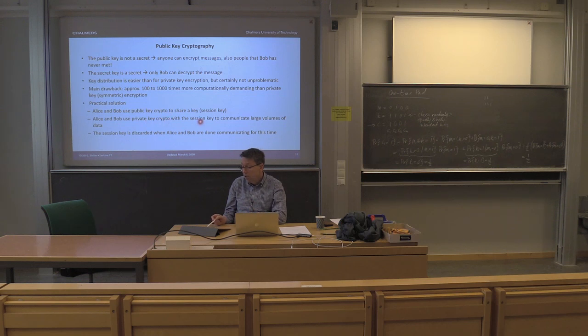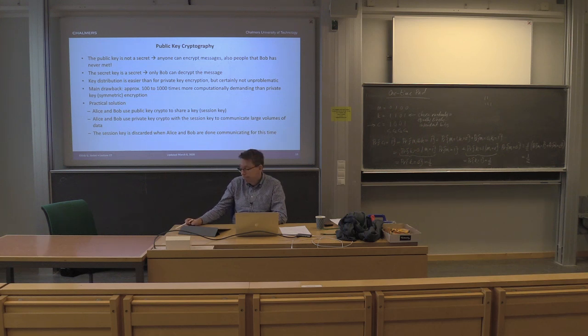With this session key they communicate large volumes of data until they're done, and then they throw away the session key until they connect next time. So maybe this answers your question a little bit about connection-oriented and so forth. This is a connection-oriented type of thing. You start by contacting each other using public key cryptography, set up a few things, share a key, and then you run your communication session until you're done. Then you shut everything down and throw away the session key.